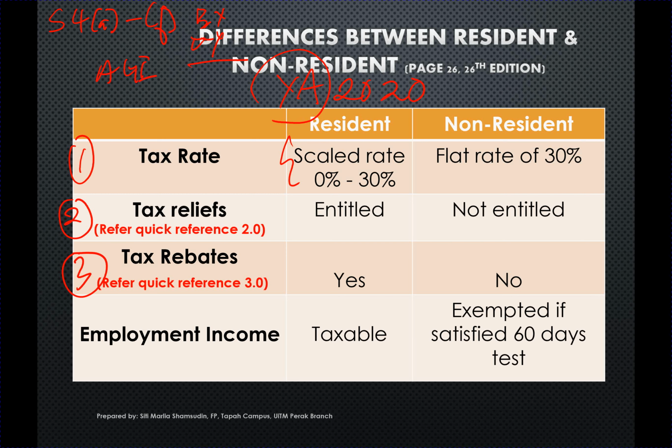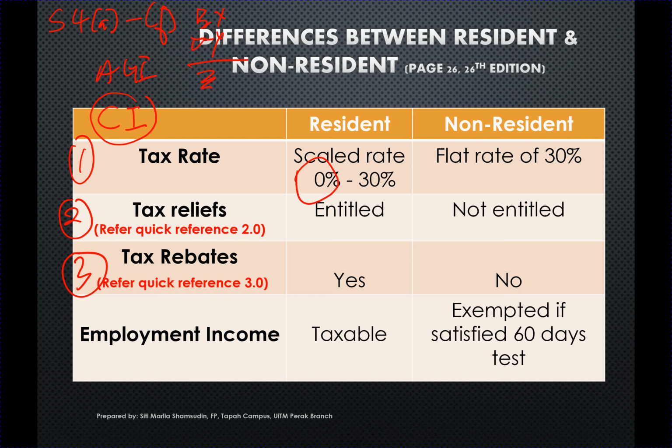Then there are adjustments here. Finally you will arrive at the chargeable income. Chargeable income means the income that can be charged to tax. The scale rate here will depend on your amount of chargeable income. If your chargeable income is greater, you are going to be charged at a higher tax rate. If your chargeable income is pretty low, most probably you will be charged 0%.